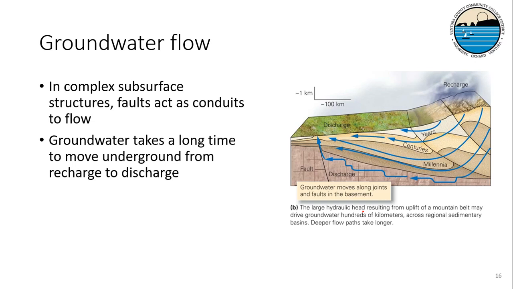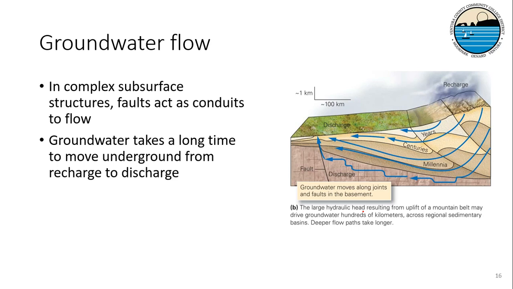Of course, these examples that I've given you have been idealized situations, but the subsurface is very complex. We've had lectures about subsurface structures and faults and things like that. So groundwater can take a long time to get from point A to point B, and it's not always the most direct flow.